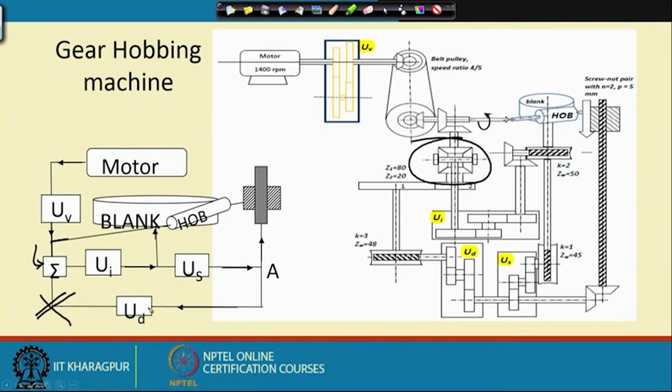If you want to cut a helical gear, then that extra rotation which we were talking about is provided from this side. So, that you have two inputs now and a single output. Since a differential can do that very nicely, we have put a differential here. So, the differential essentially adds up the input for spur gear cutting and the input for helical gear cutting and produces a common output.